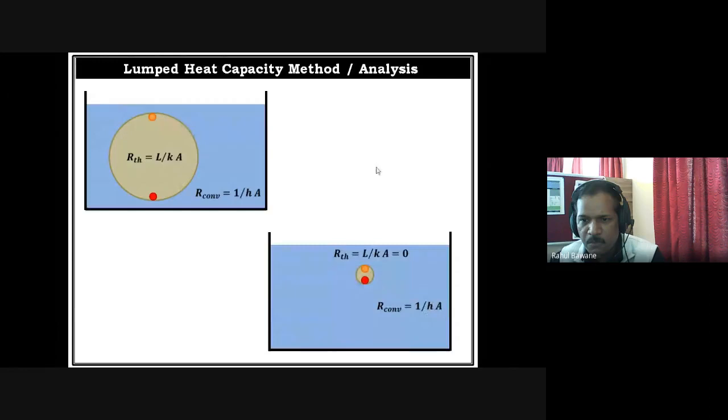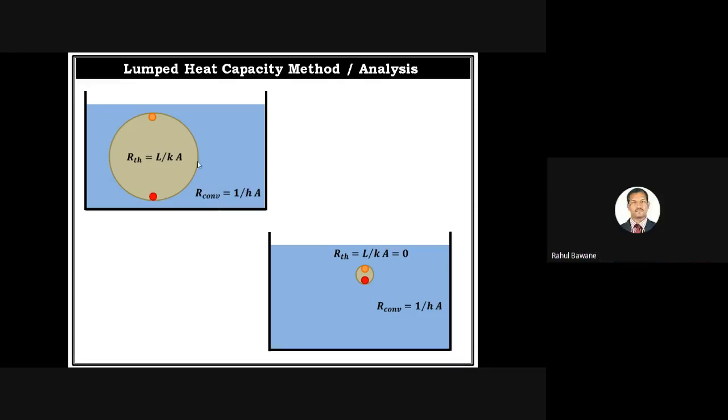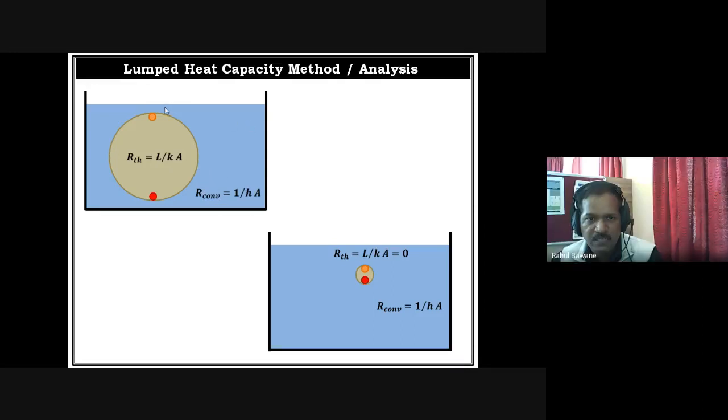So lump heat capacity actually works for this second diagram, where we assume thermal resistance inside the object is negligible, that means almost zero, and there is only the outside surface resistance, that is convective resistance. In normal treatment, we know there is a sphere, then thermal resistance, then outside convection resistance, and we solve such problems in unit 2.